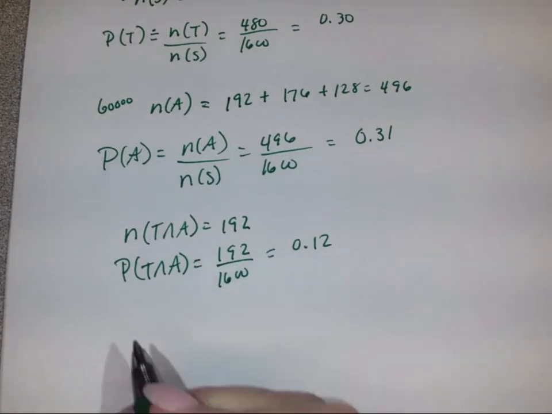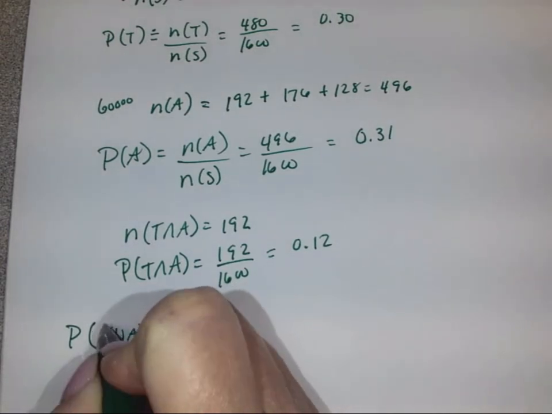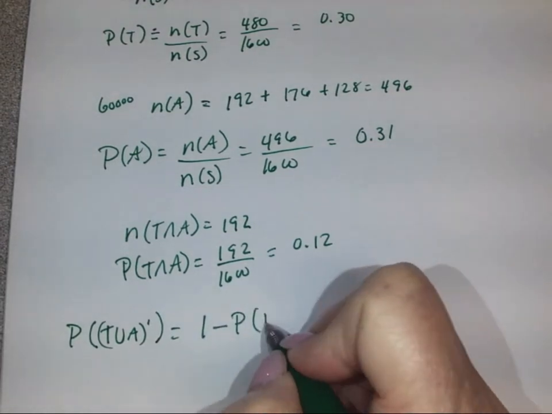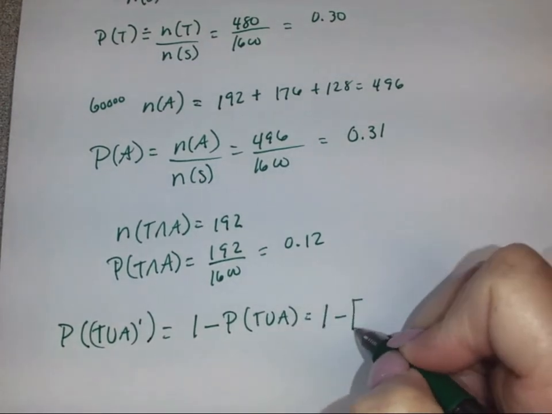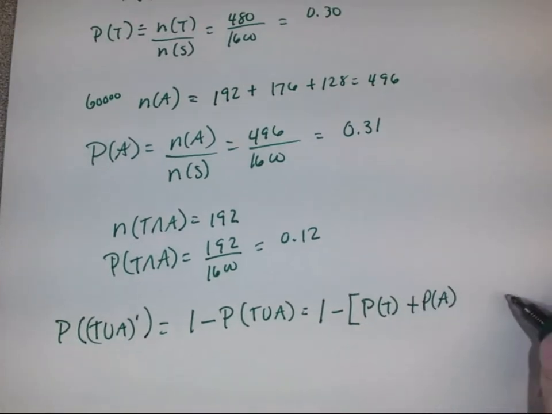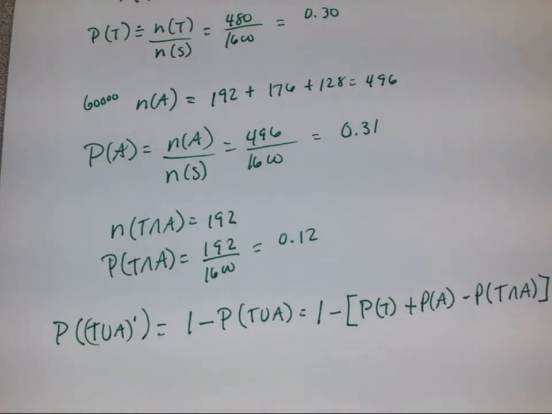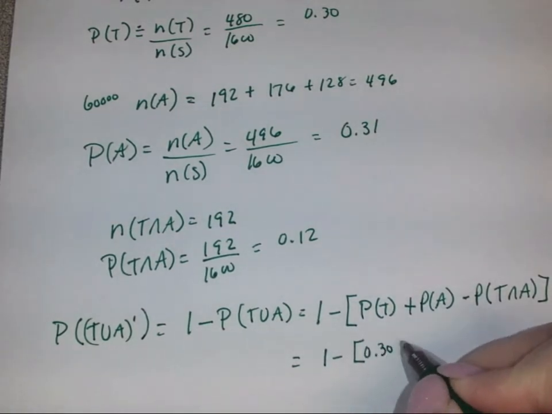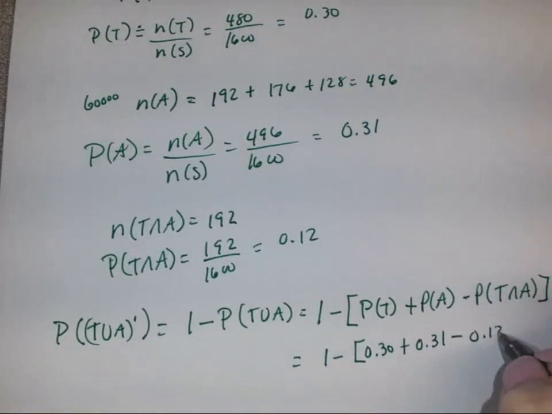So if we want to find that complement, we're going to have the probability of T union with A, complemented, which is equal to 1 minus the probability of T union with A, which is equal to 1 minus the probability of T plus the probability of A minus the probability of T intersected with A. So this will be equal to 1 minus 0.30 plus 0.31 minus 0.12.